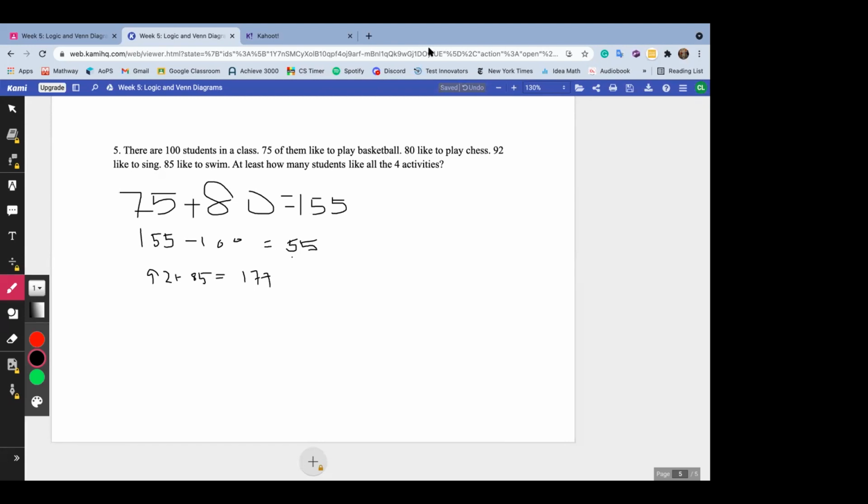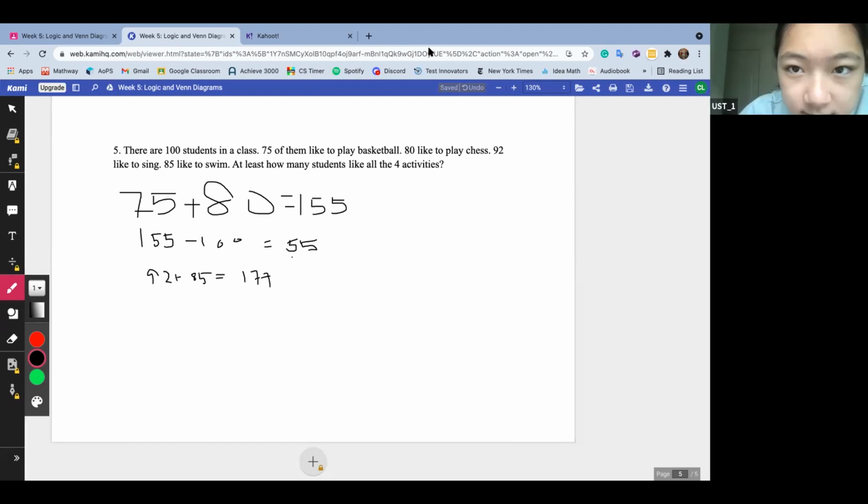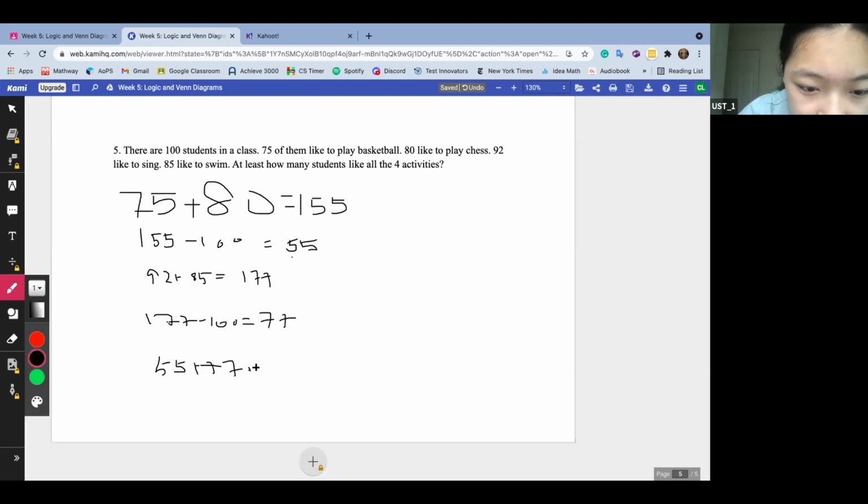So you do 77 plus 55? Yes, so you'll do 55 plus 77 minus 100. And you'll be left with 32 people, at least 32 who like all four.